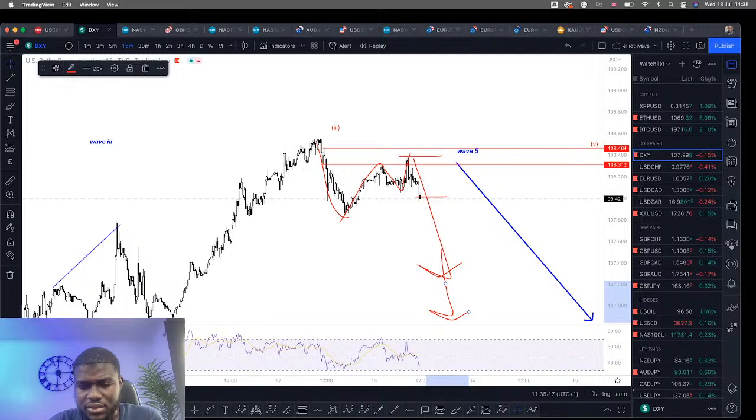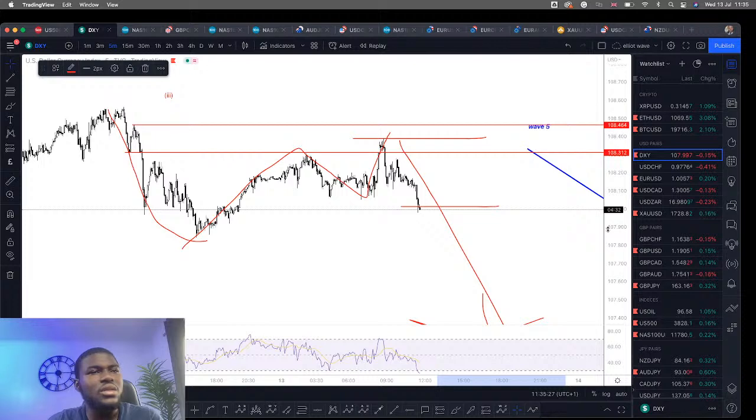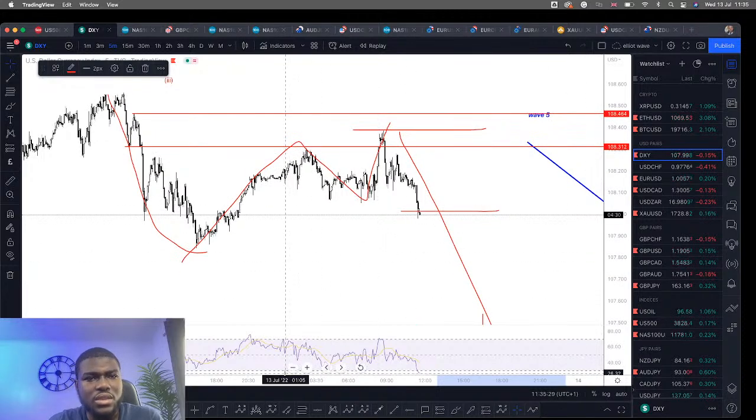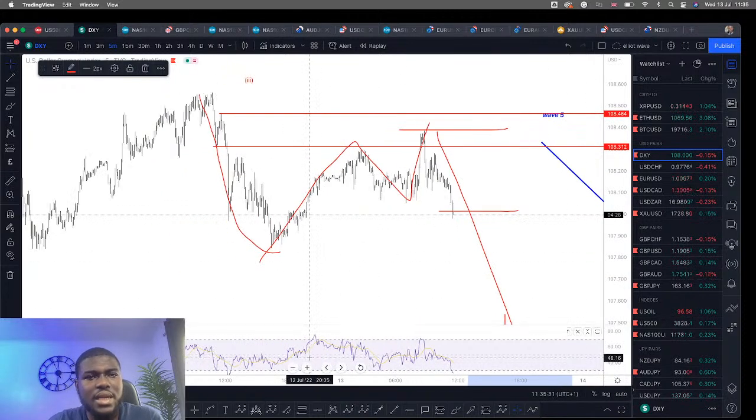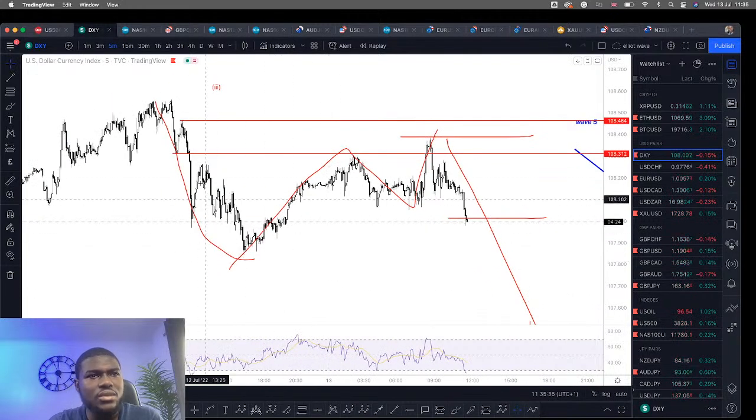So those are typical examples of how we scale into trades and how we look at them. After you've analyzed long ago and put your levels there, you just continue to hover your mouse around the market and see the opportunities and how the market is going to do. Can you see exactly, guys?